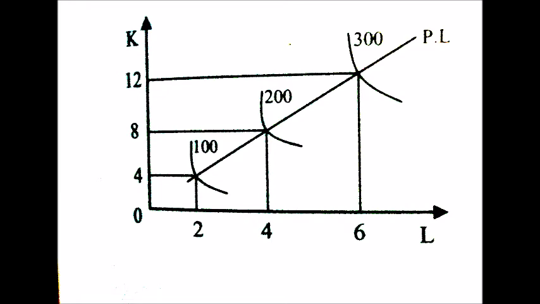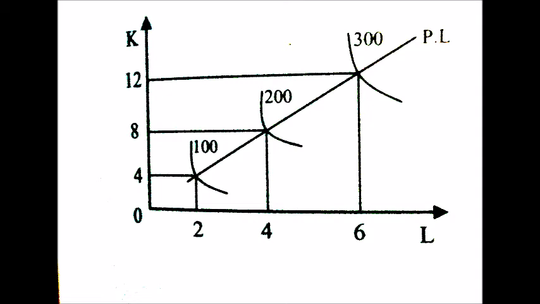4 units of K are combined with 2 units of L to give us 100 units of output. K and L are increased by 100%. K is said that 4 is to 8 and L is said that 2 is to 4. And output increases by the same percentage, that is 100%, 100 to 200.